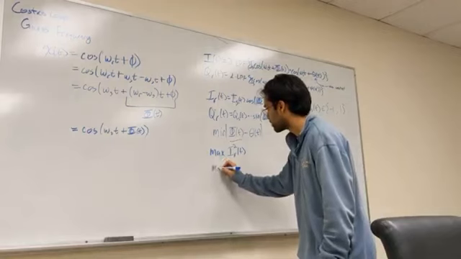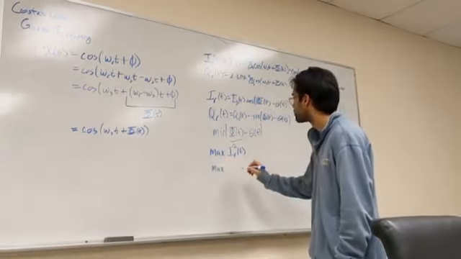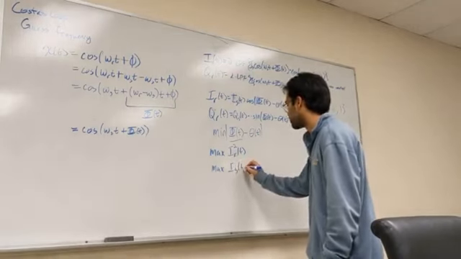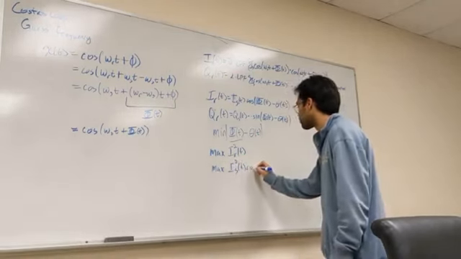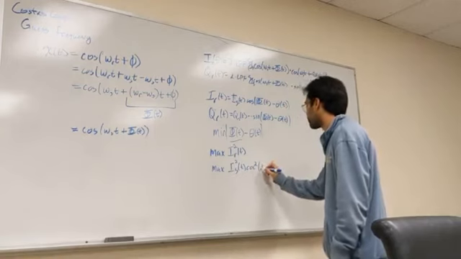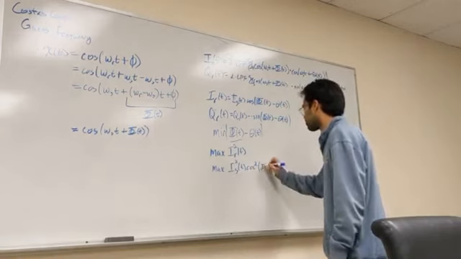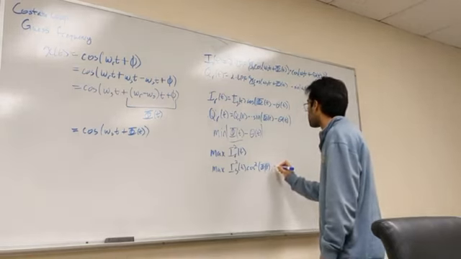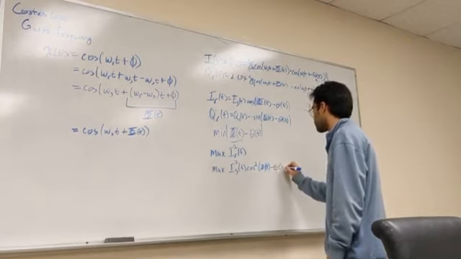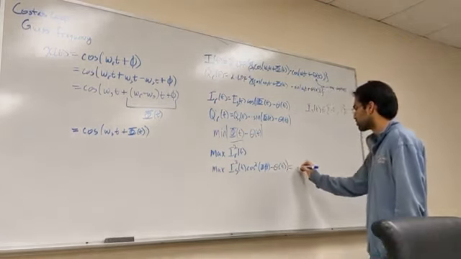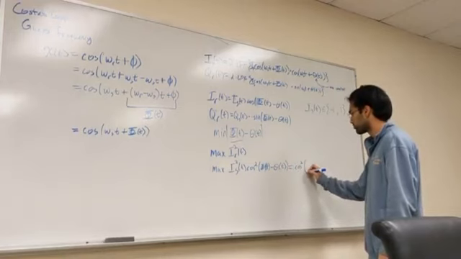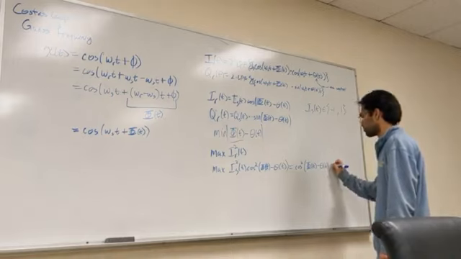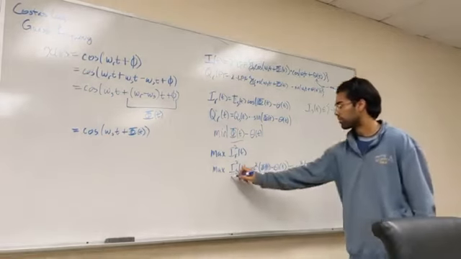So you try and maximize it, which turns into I_s of t squared times cos squared of phi of t minus theta of t, which is just equal to the cosine squared because I_s squared goes to 1.